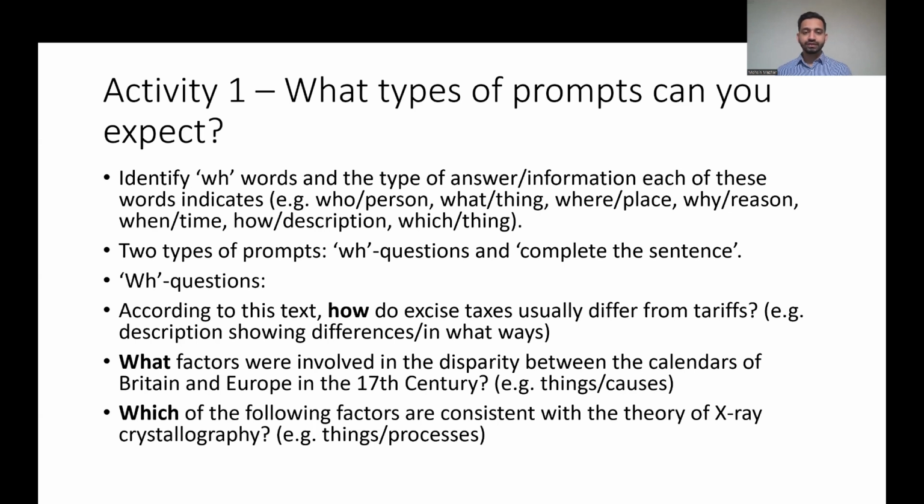So if you see who in your question prompt, you should know that you're looking for a person. What represents a thing, where represents a place, why means you're looking for a reason, when means you're looking for a time, how means you're looking for a description, and which suggests that you're looking for a thing.